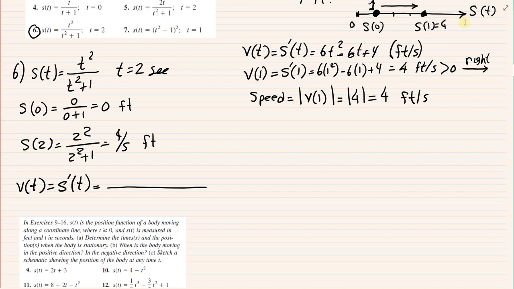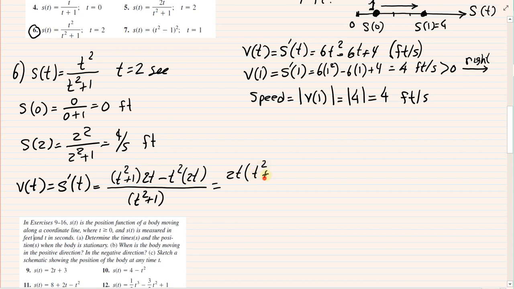In doing the quotient rule, I square the denominator, that's t squared plus 1, and repeat the denominator times the derivative of the numerator, which is 2t, minus the numerator times the derivative of the denominator, which is 2t.